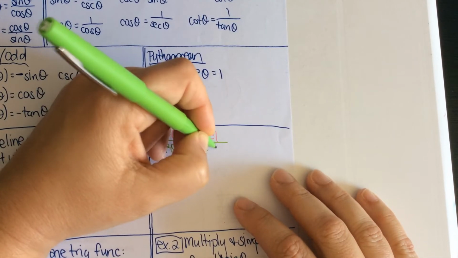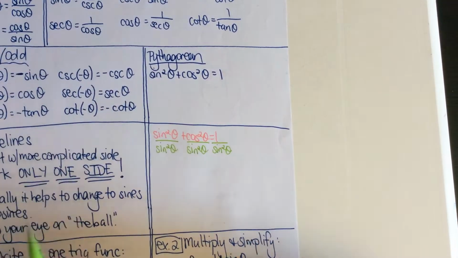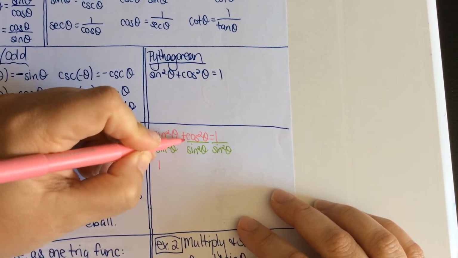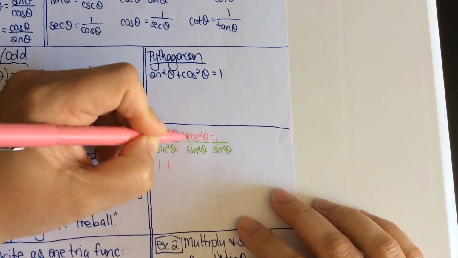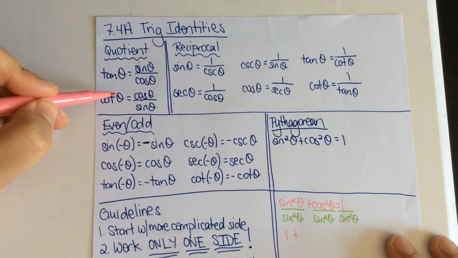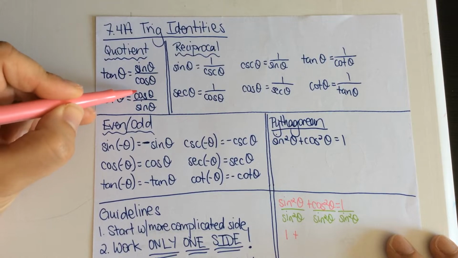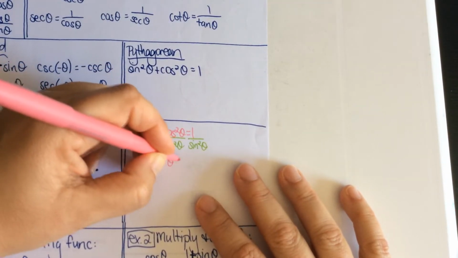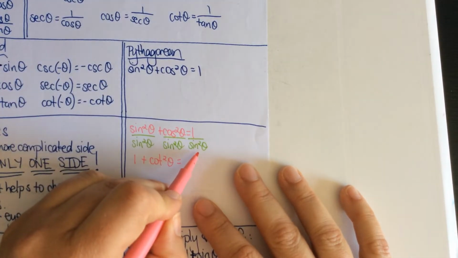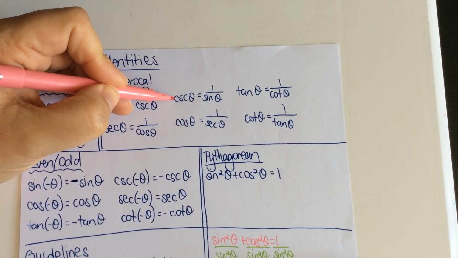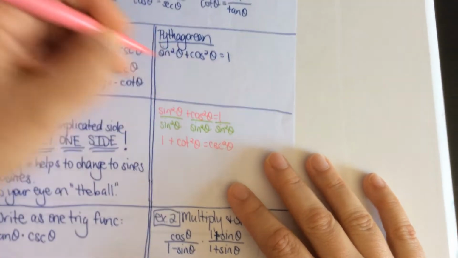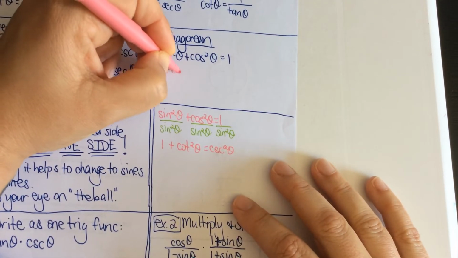If I'm dividing, I have to divide everything by the same thing, right? And then I see this is 1 plus cosine squared over sine squared, using this identity here, cosine over sine. So cosine squared over sine squared is going to be cotangent squared. And then 1 over sine squared, using this identity, is going to be cosecant squared. So that's the second. The order doesn't really matter.